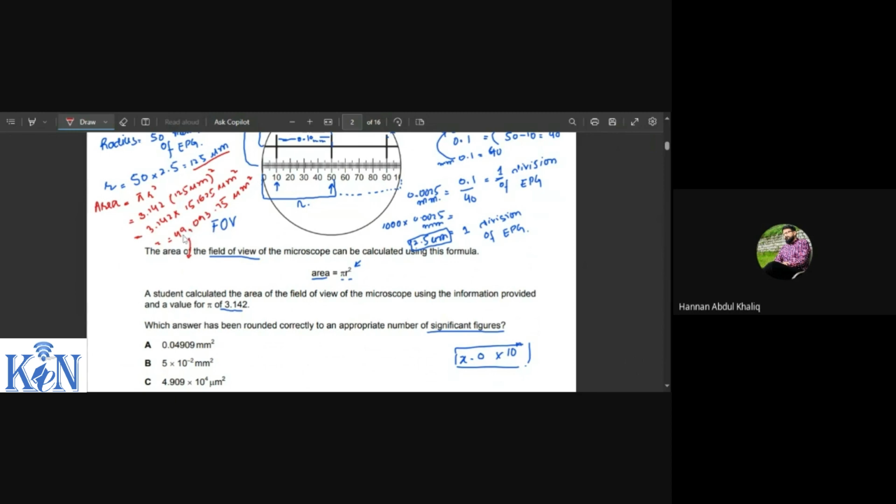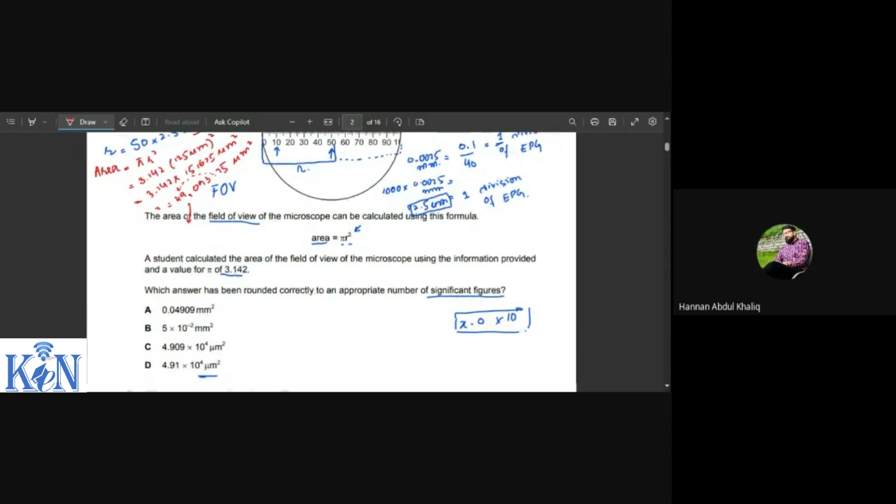The original value is 49093.75. Now for standard form, you have to put the decimal to this position. You know that once we try to write down the standard form, we need to move the decimal either to the left or to the right. So we are moving it to the left.